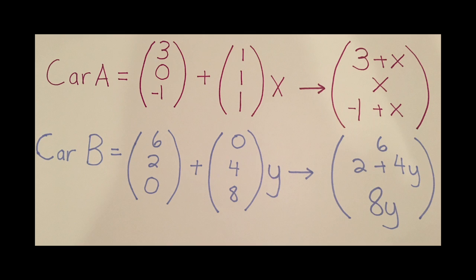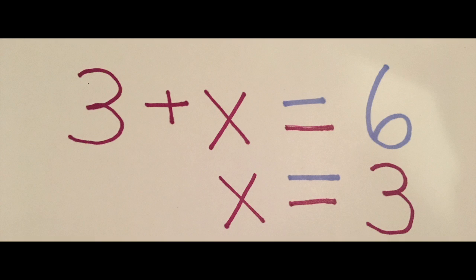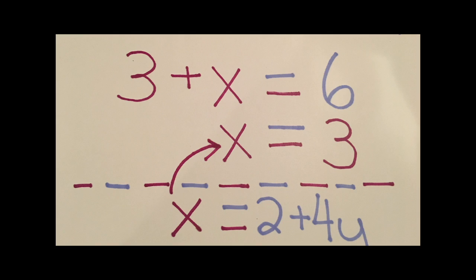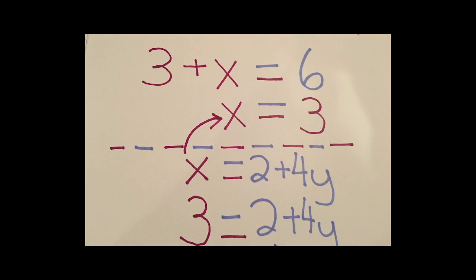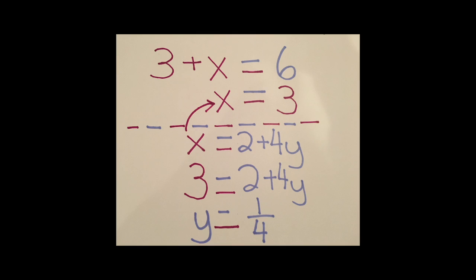So, for example, in car A, you would distribute the x across the direction vector and then add it to the initial vector. Then, to find the point of intersection, make each component equal to the component of the other vector line. Continue setting these components equal to each other and solve.